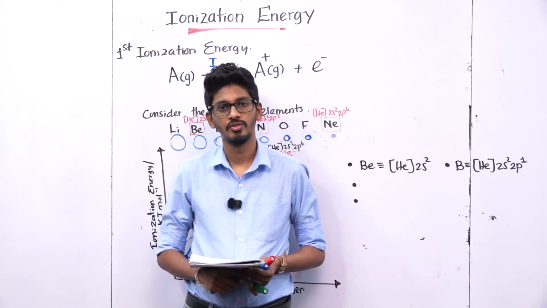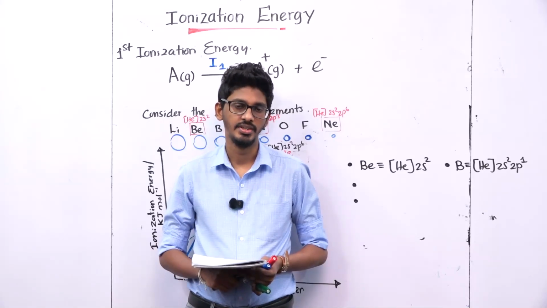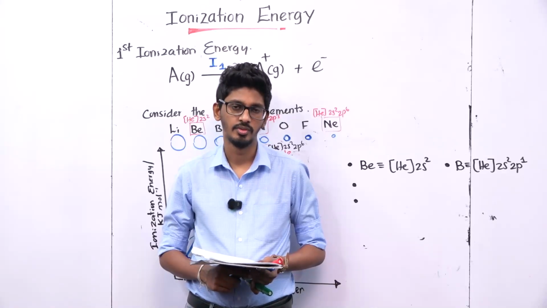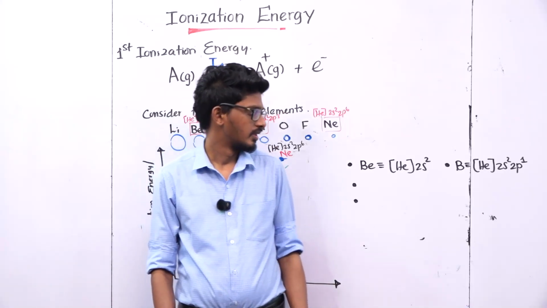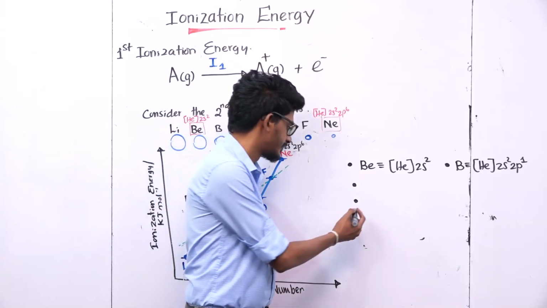So require more energy than expected to remove an electron from that stable configuration.